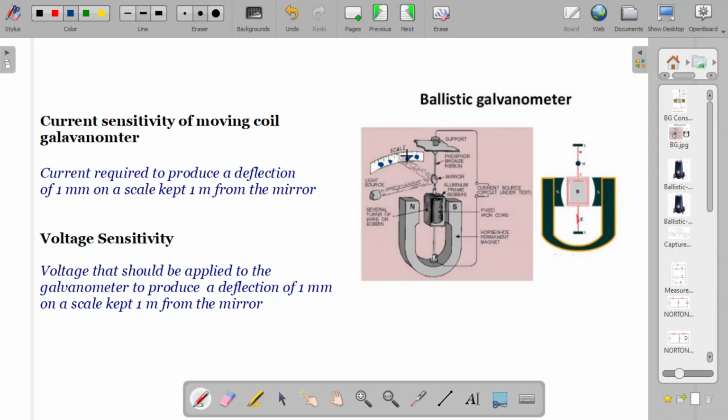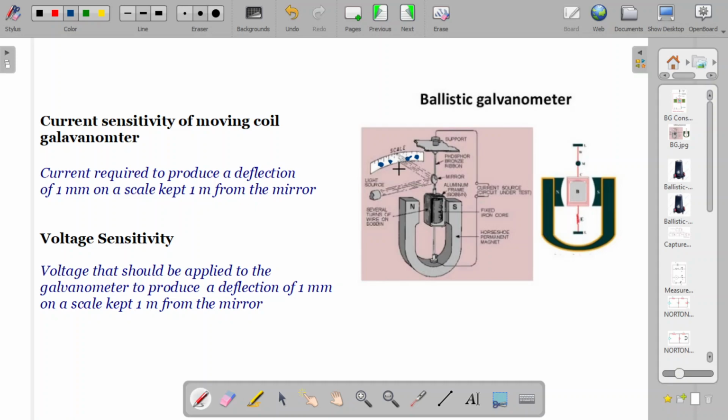So now it's easy to tell what current sensitivity is. Current sensitivity is the current which has to flow through the coil to make a deflection of only 1 millimeter on the scale from the mean position, when the scale is kept 1 meter from the mirror.